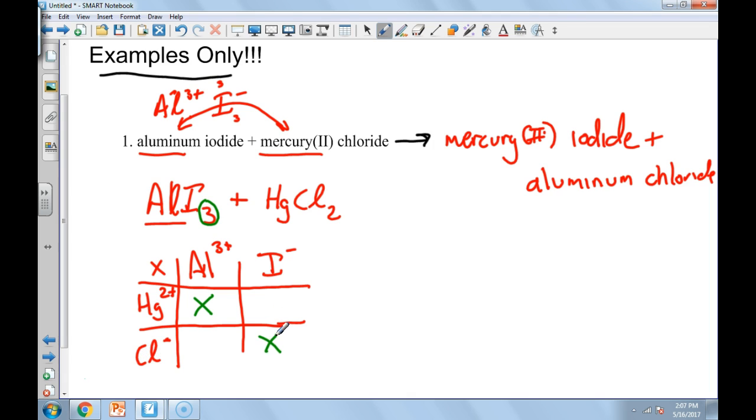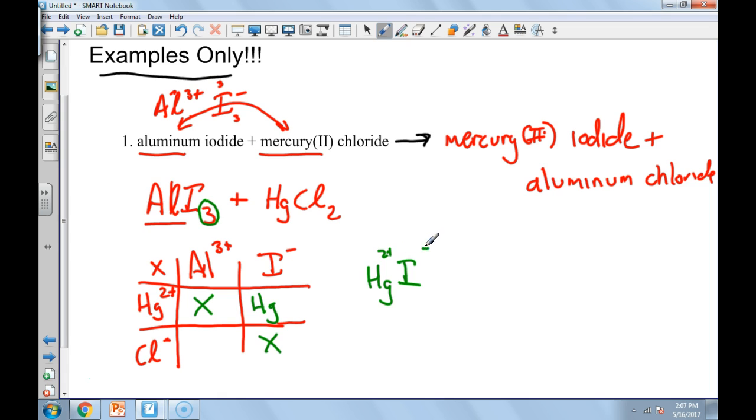So there's not going to be anything that forms when chlorine and iodine get together. But now what we can do is we can get Hg reacting with the iodide. So over on the side here, this is Hg, a 2 plus.